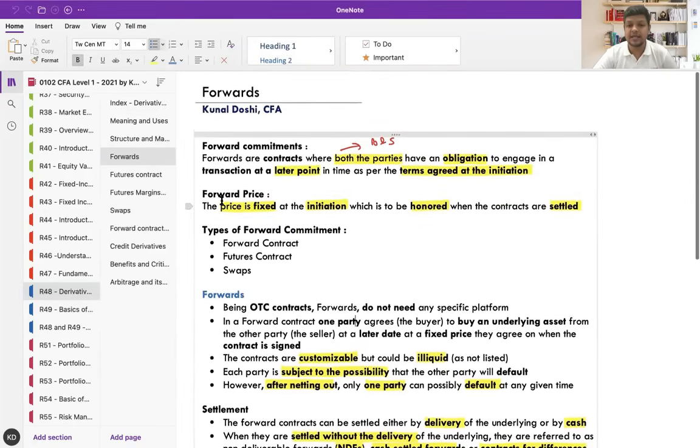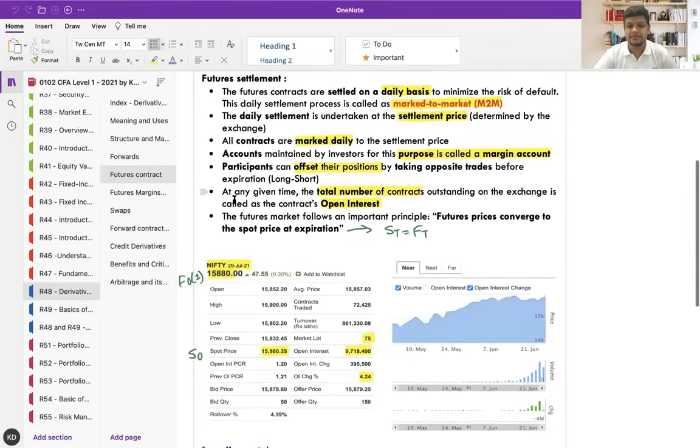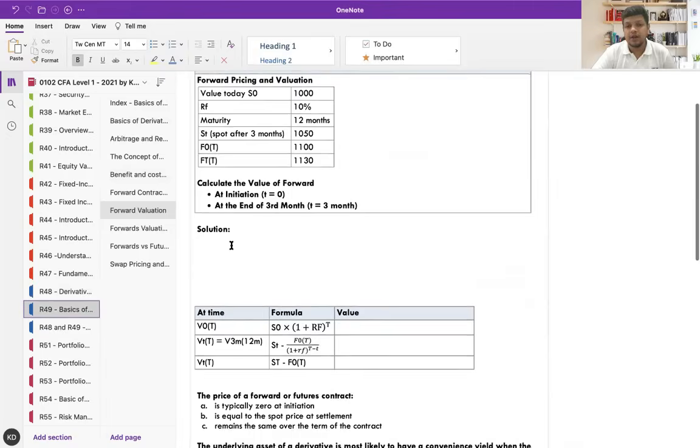What happens on the last day? On maturity, the spot and the future price both should be the same because there's no time value of money left. Remember that? Correct? Yes.